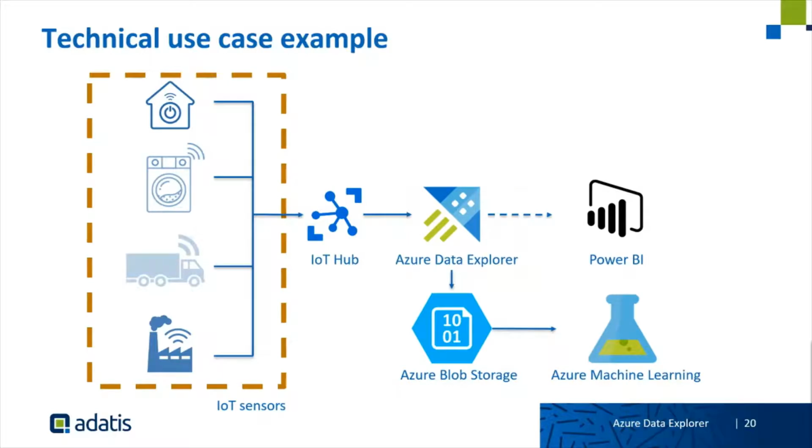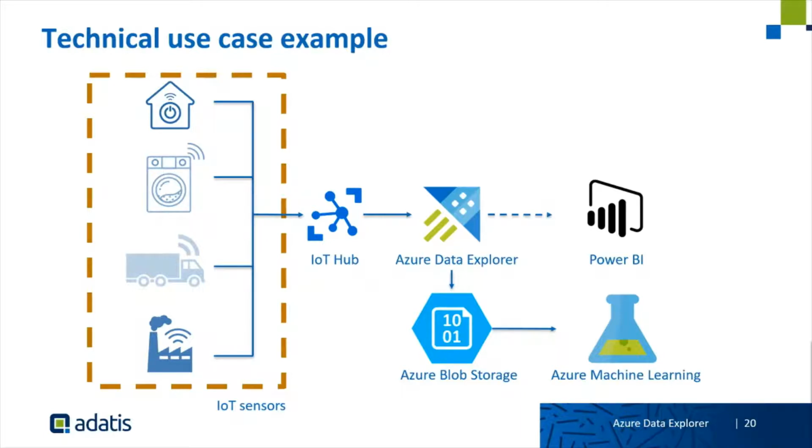So another idea, so imagine you have IoT sources, whether those are factory plants, fleets of vehicles, appliances, or at homes, and there is an IoT hub that is getting the data, and that data is then again ending up in Azure Data Explorer.